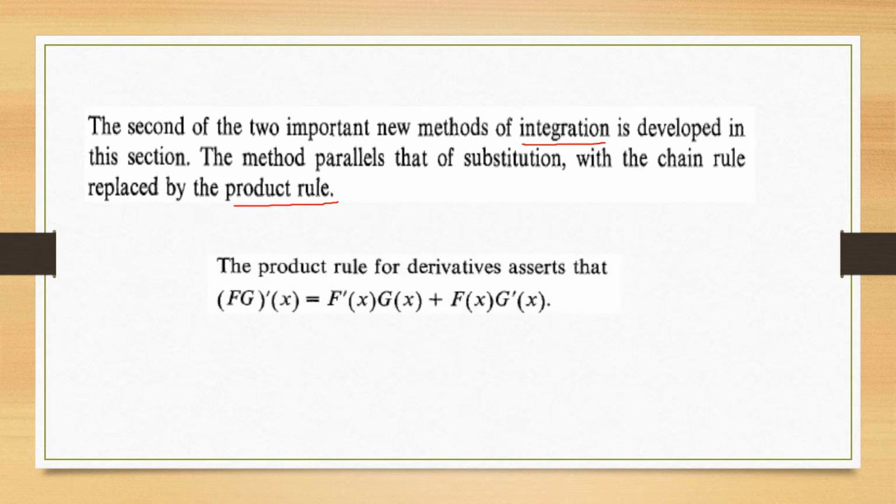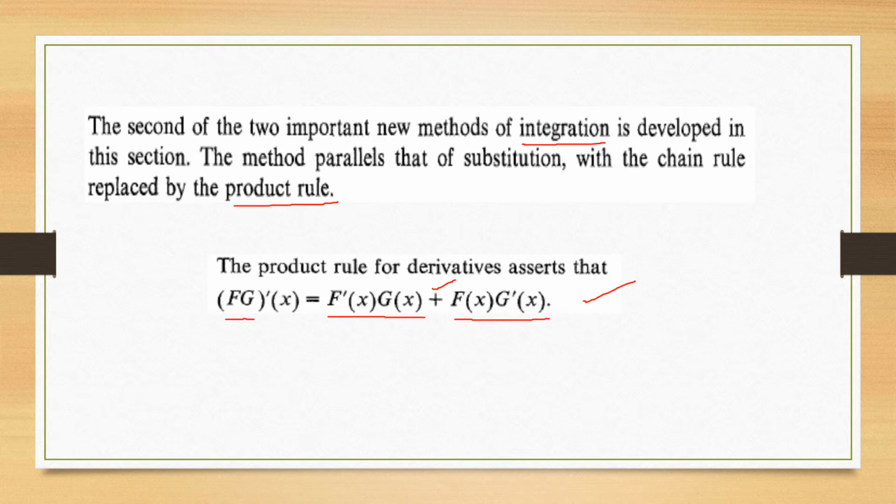The product rule for the derivative is mentioned here. This is the product rule. If we have two functions which are in the product form, we will differentiate and we will obtain two terms with a positive sign in between them.